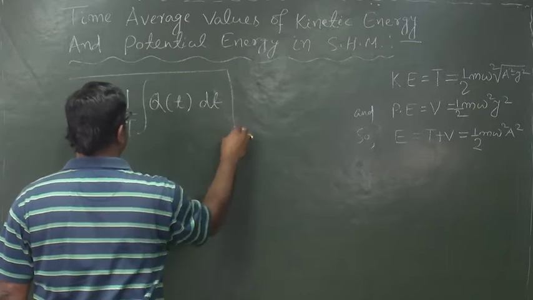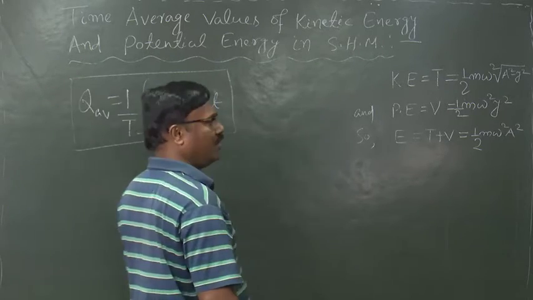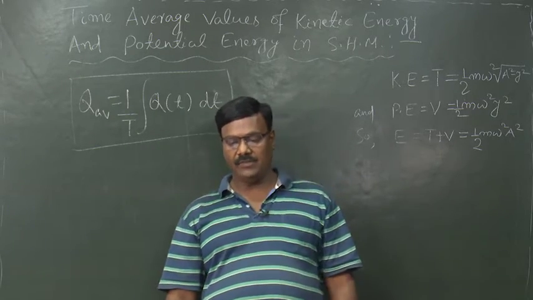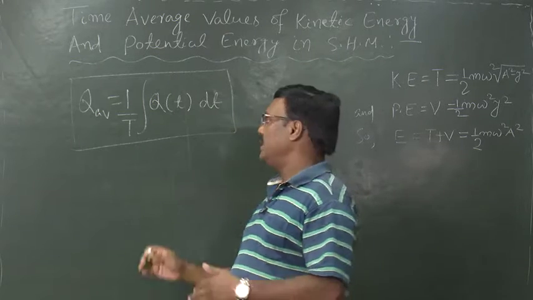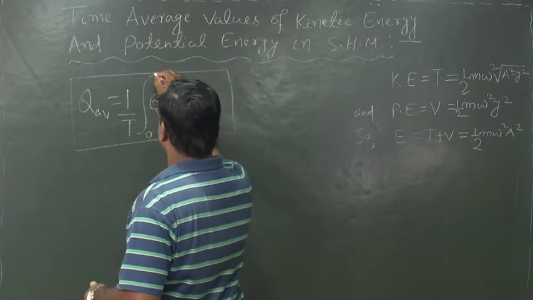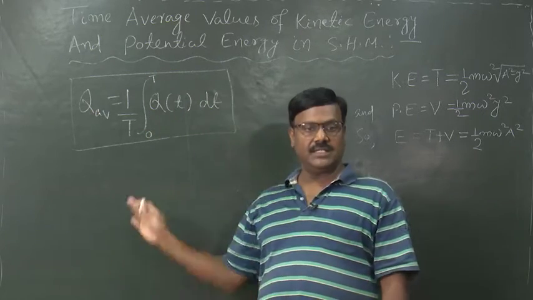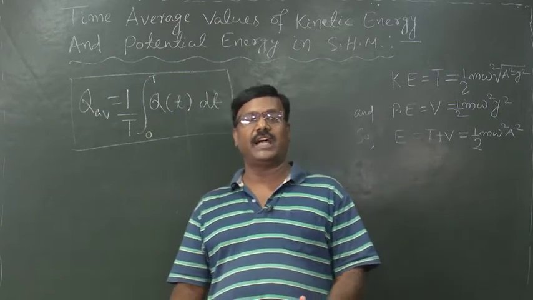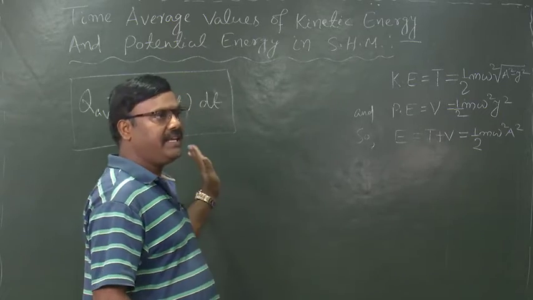This is the expression for the time average value of any quantity Q in the range of 0 to T. This is the general expression for the time average value of any quantity.